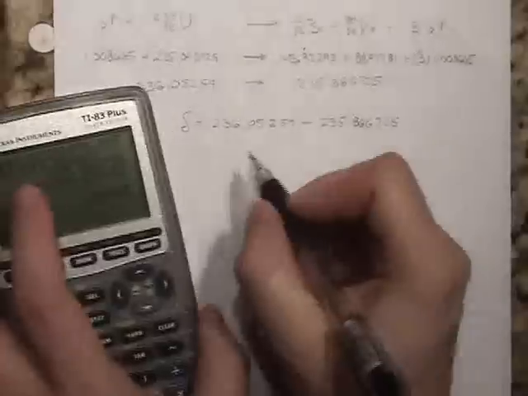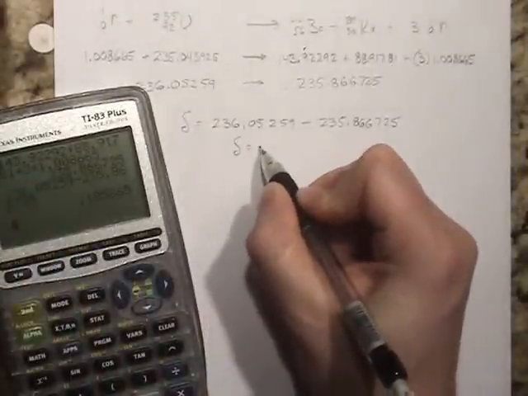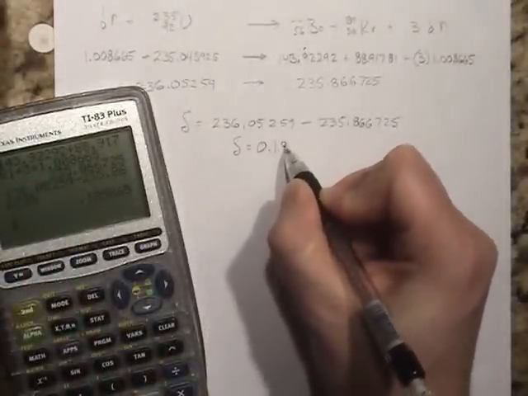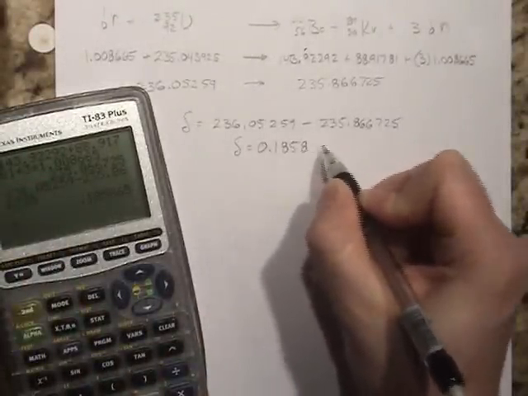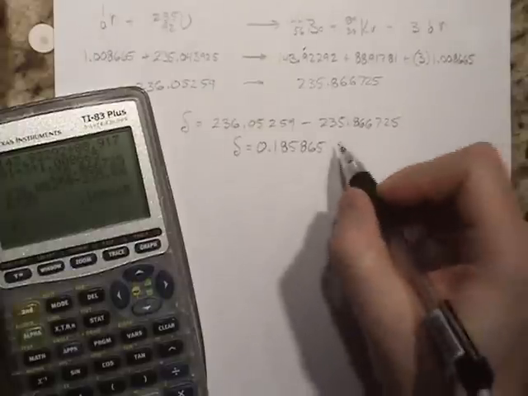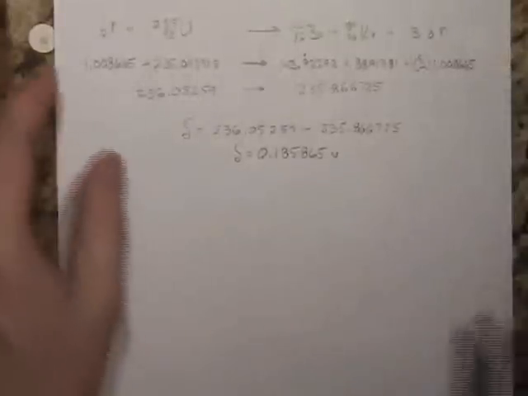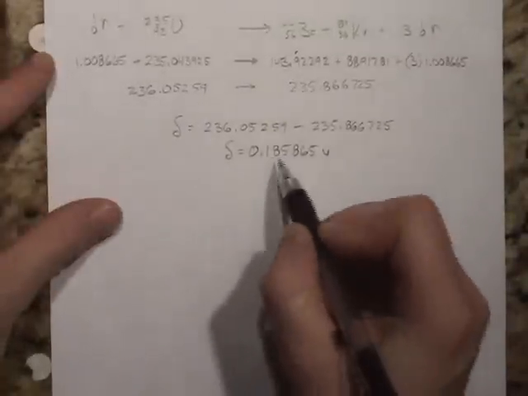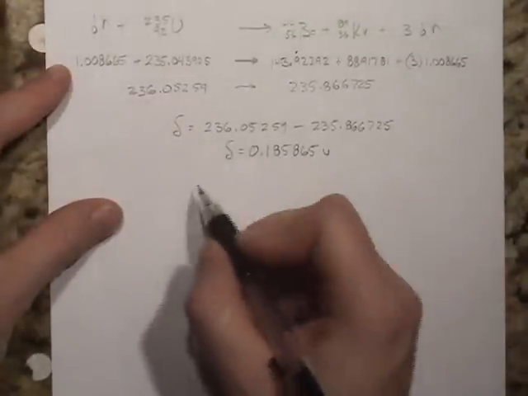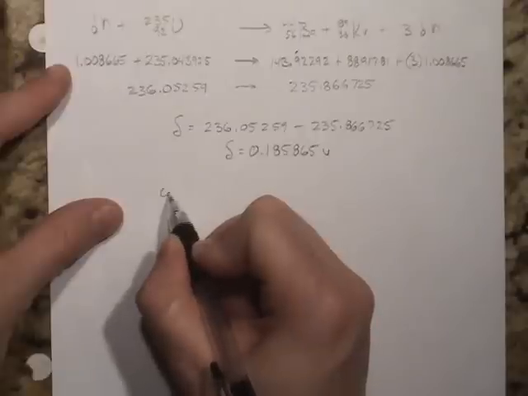That gives me a mass defect of 0.18585, and that's U's.